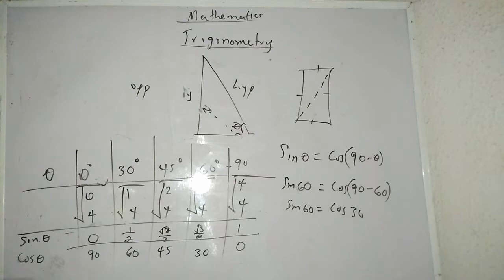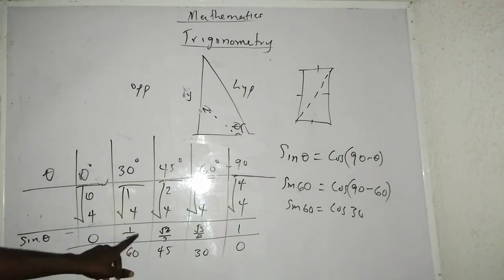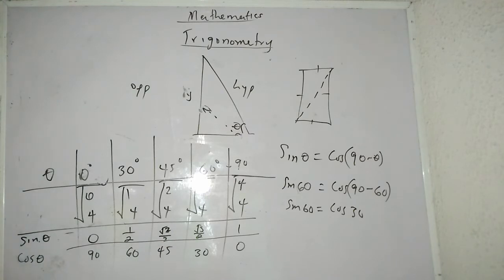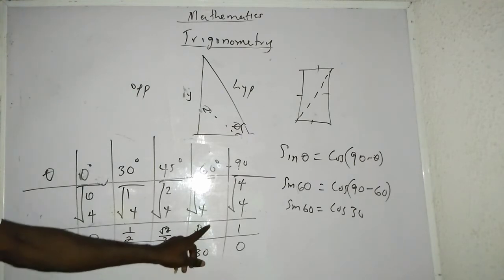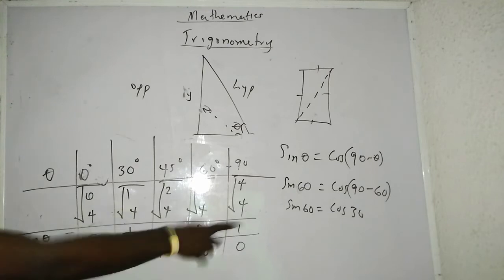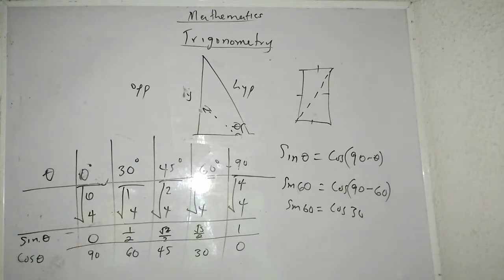It means cos 90 is 0, cos 60 is half, cos 45 is root 2 all over 2, cos 30 is root 3 all over 2, and cos 0 is 1. That is how it is.